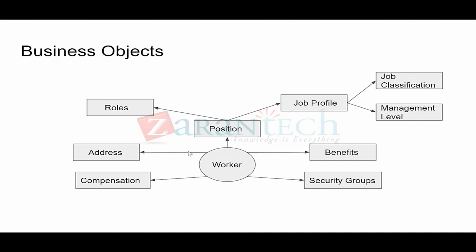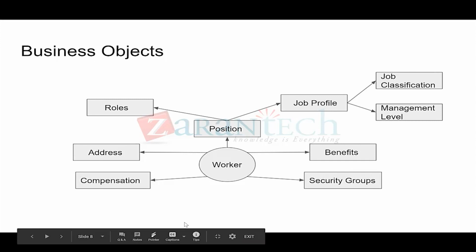And in this case, specifically, the worker is a primary object, and these are all related objects. So worker is the primary business object, and these things attached to the worker, whether it's the worker's compensation or the address of the worker or the position of the worker, they are the related business objects for a worker. Okay. So anyone has a question?